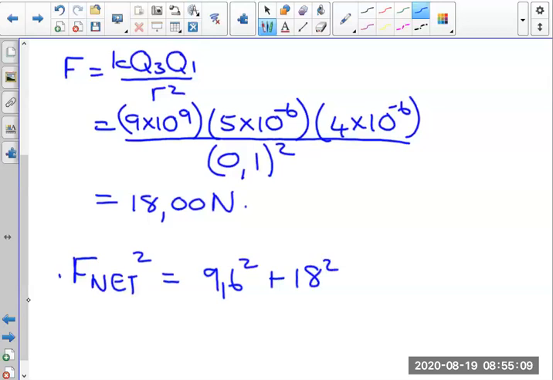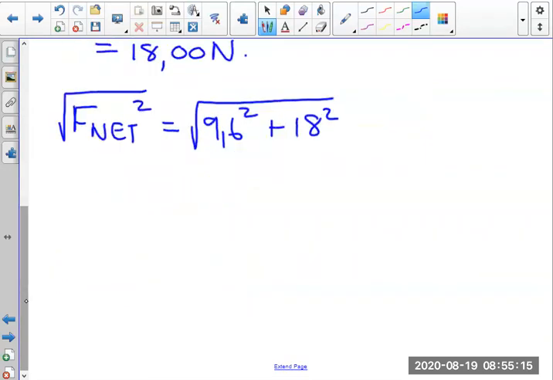And if I want just F net, I work out the square root. This is how we do Pythagoras. Now, I just work out the square root of this. So then I'm going to say F net equals, and then the square root of those two is going to be 20.4.